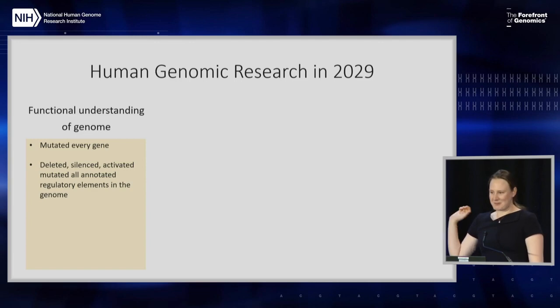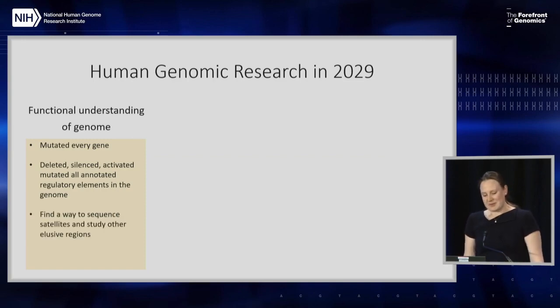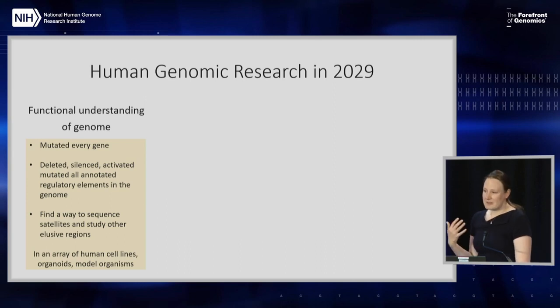I know this sounds very ambitious, but if you look at what we've done with CRISPR so far, it's been amazing progress. We also need to work out the bits of this genome that we're missing. So can we sequence the satellites? Can we study other regions of the genome that have been elusive? And in order for this to be truly biologically informative, we need to do this in an array of human cell lines, organoids, and model organisms.